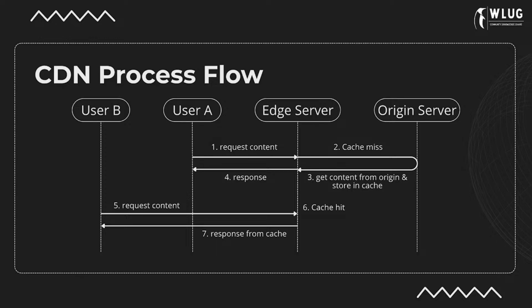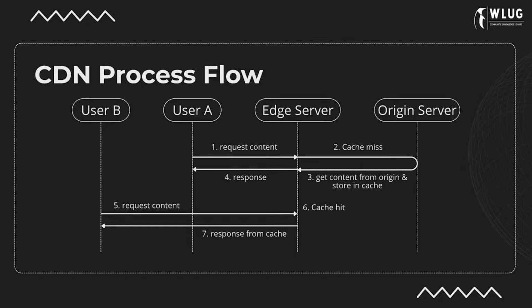Yes, correct. It will request from the origin server. First, user A is requesting some content. User A's request goes to its nearest edge server through the DNS routing system. Then the edge server checks whether it's present in its cache.